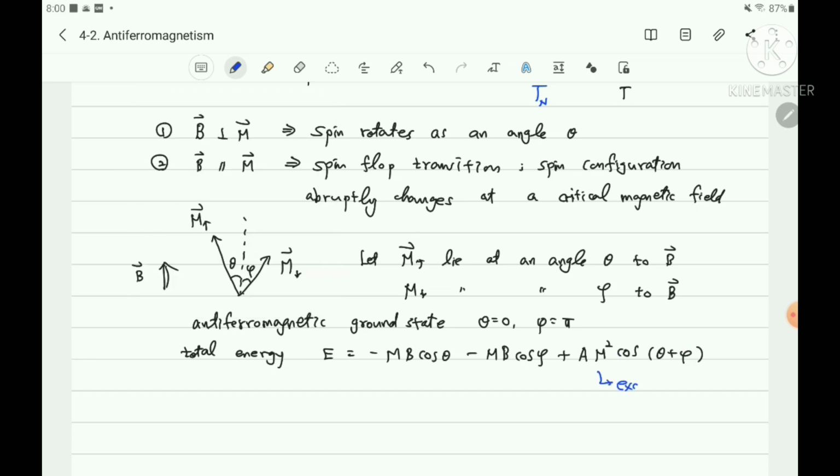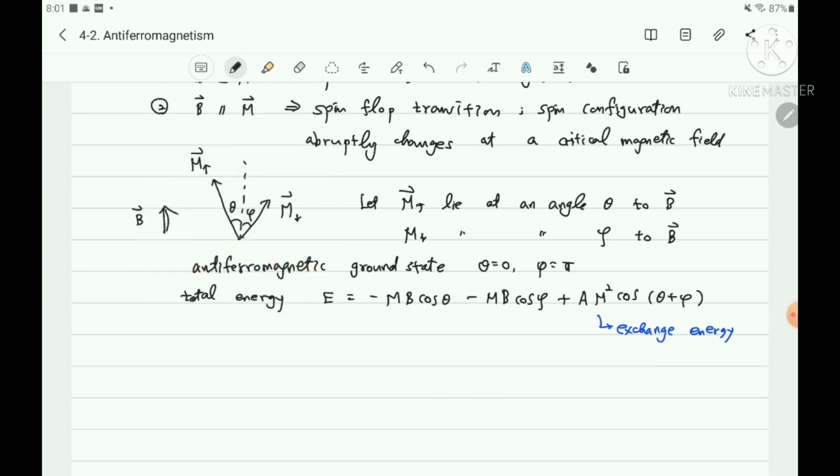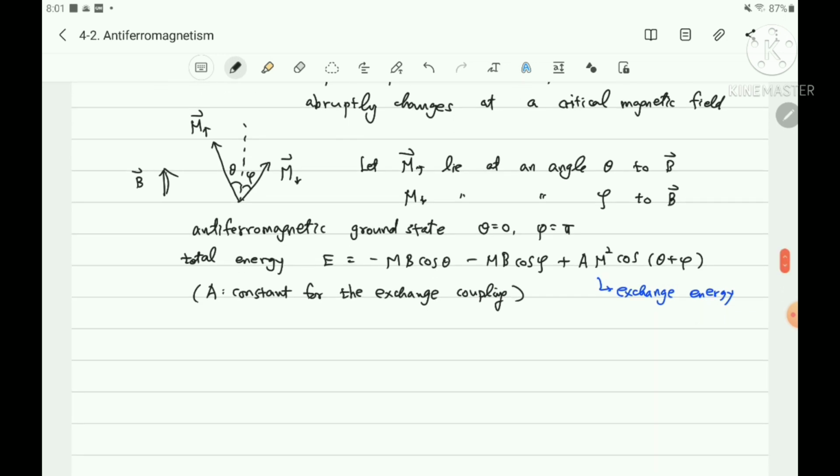And we should also consider the magnetic anisotropic energy, which is minus 1/2 delta times cosine square phi plus cosine square theta.